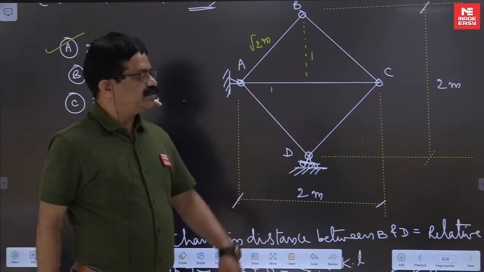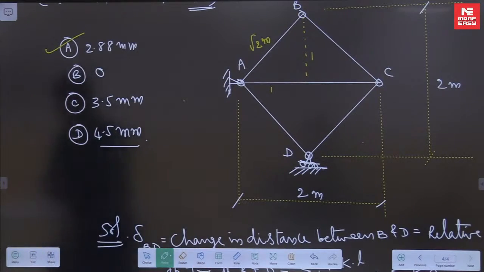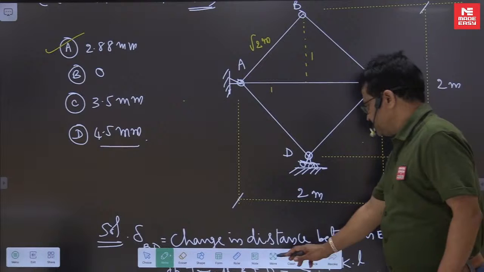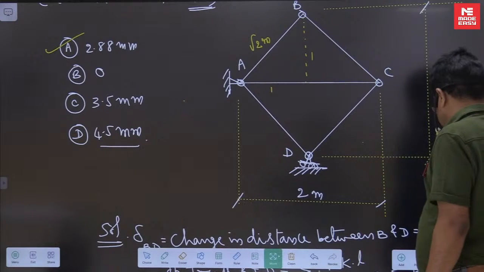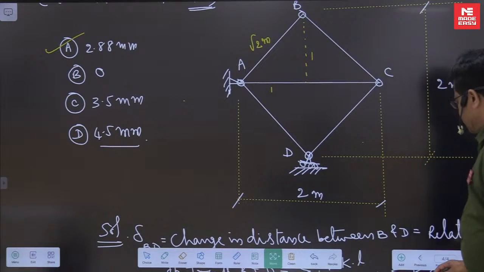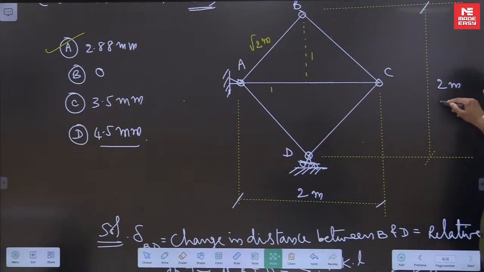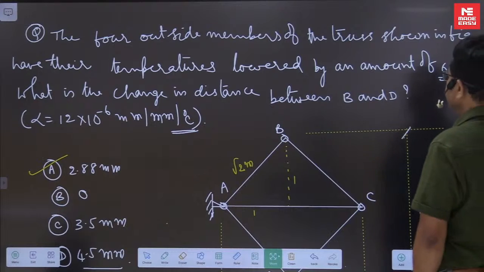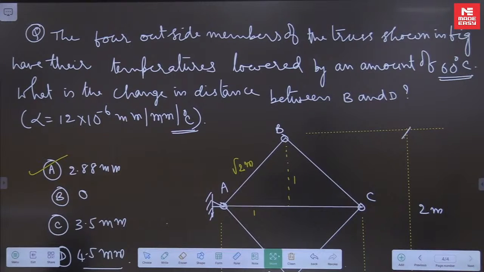Like that. So next one. I think I may have to show this one. This is the problem: 4 members are there, temperature lowered by 60 degrees.